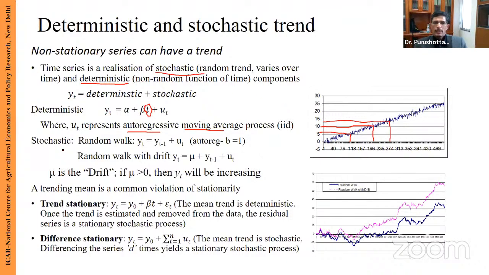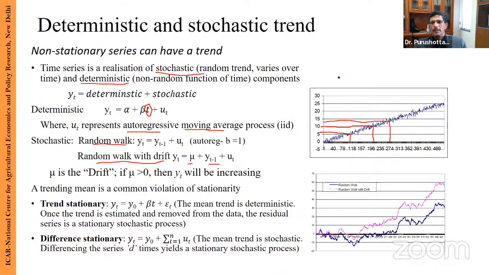The other is the stochastic trend, and in that we have two types: random walk, and random walk with drift, or with a constant. This one has a constant and depends on the previous value. So this one is a random walk and this one is a random walk with drift. A trending mean is a common violation of stationarity.